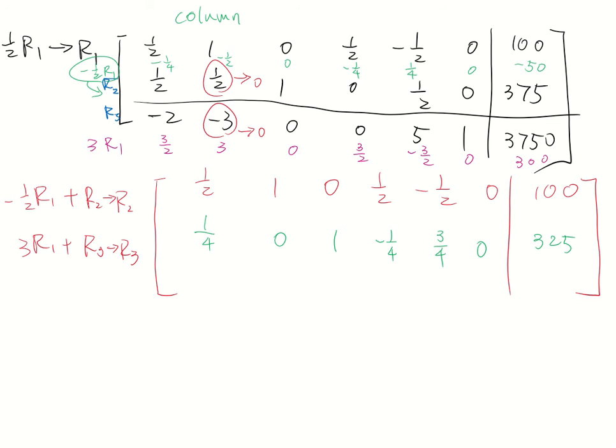So adding 3 times R1 to R3, I have negative 1/2, 0, 0, 3/2. So 5 is 10/2 minus 3/2, so 7/2. 1 and 4050.